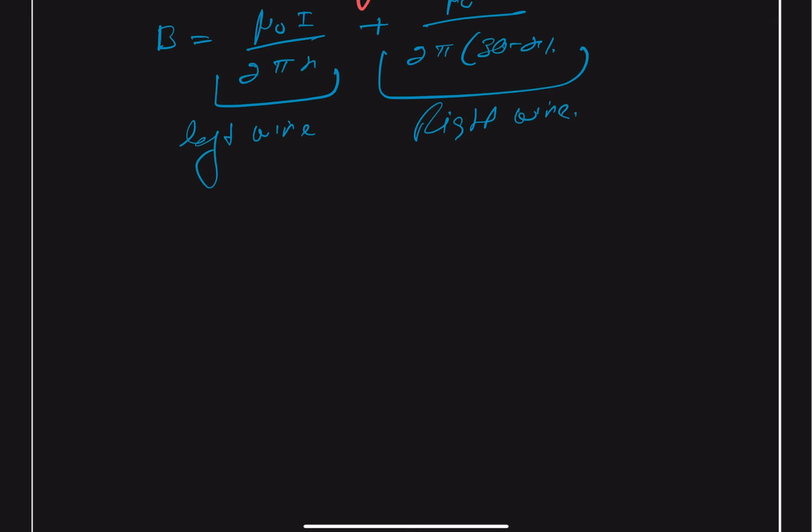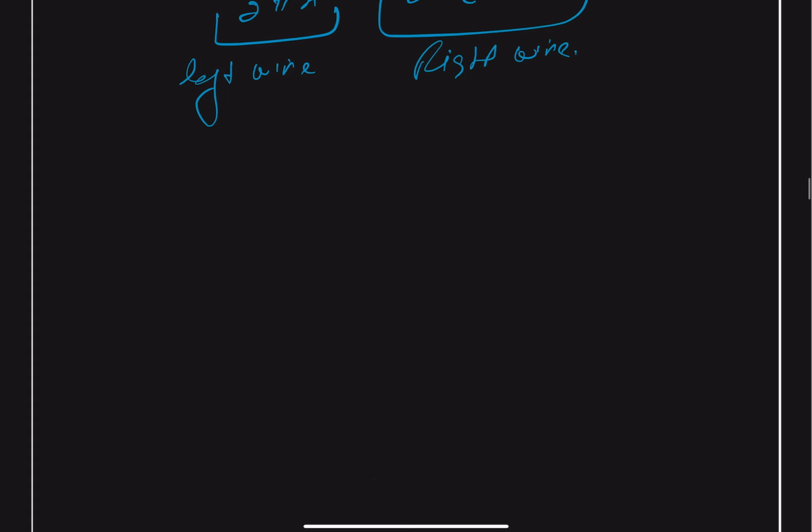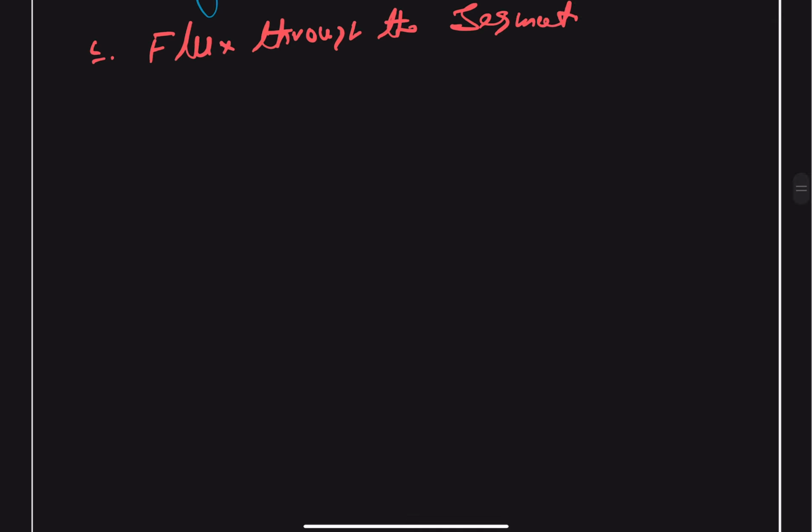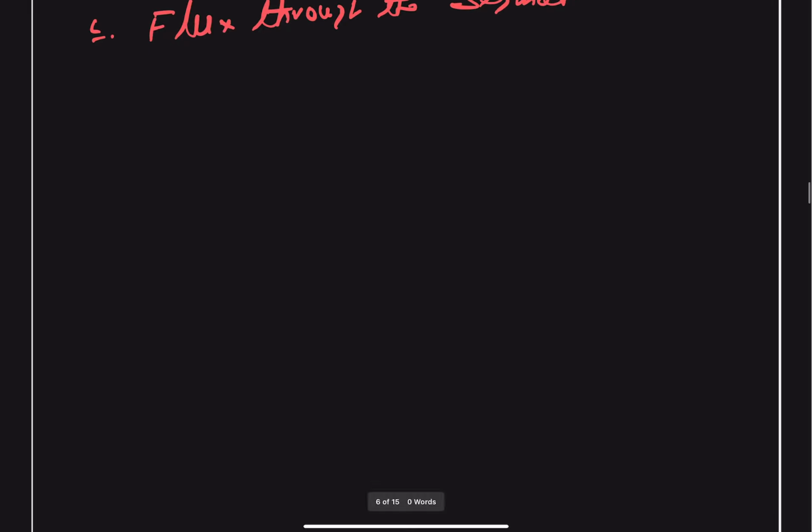Now we can find out the flux through the segment. If we say the flux through the segment is given as d phi, then d phi will be equal to B multiplied by area, and this comes as B a dx.